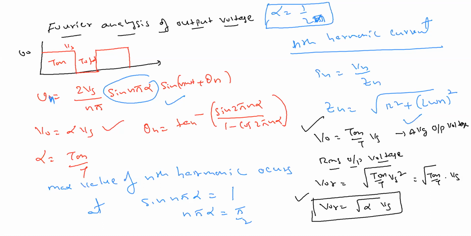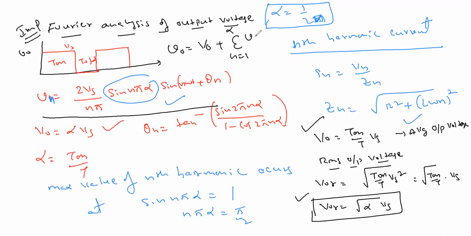This is important. As I mentioned here now, Fourier series is important. This is Vn, right? Harmonic content. And if you write the total value, the output voltage will be the DC value V naught plus sigma n equal to 1 to infinity Vn. So the AC component value is here. This is the AC component value. Because the DC value in this is a naught.